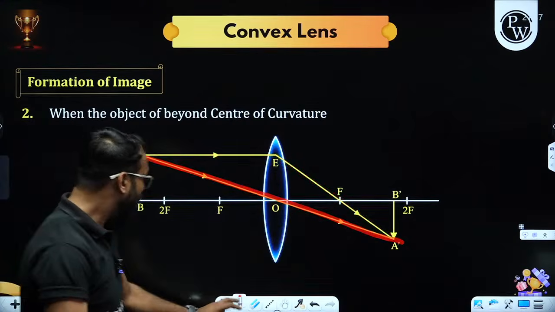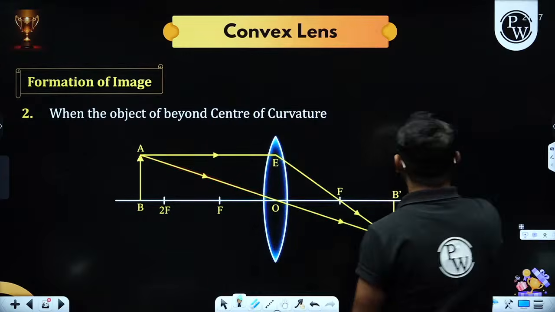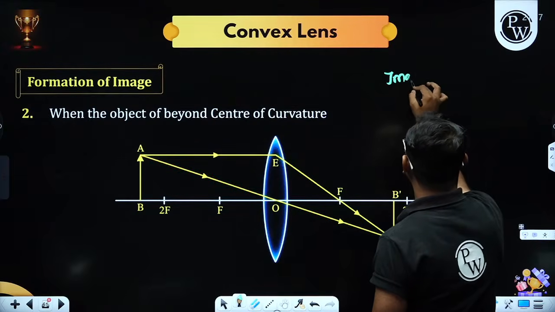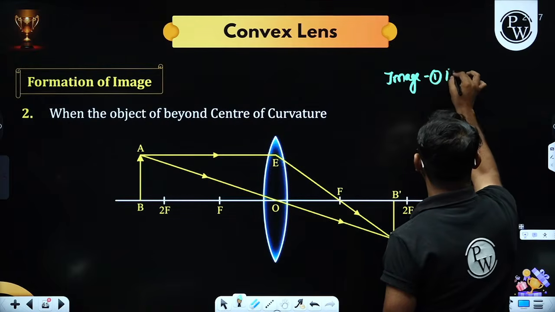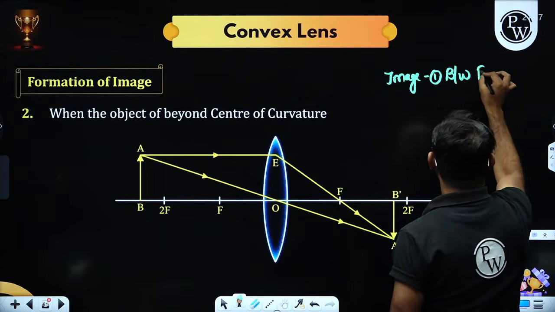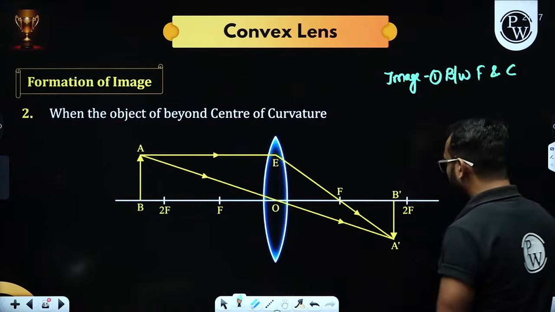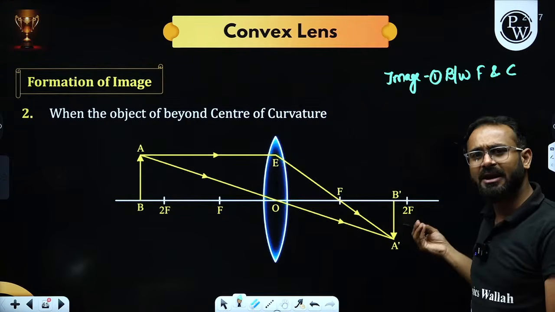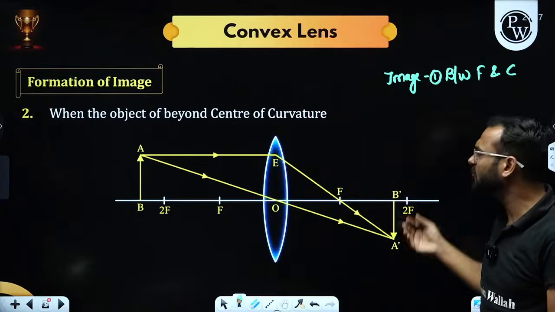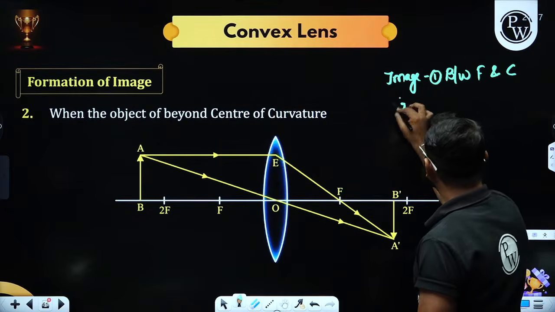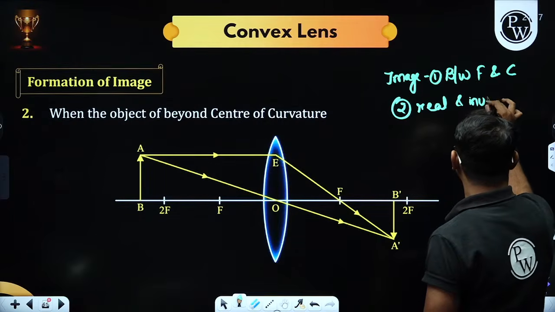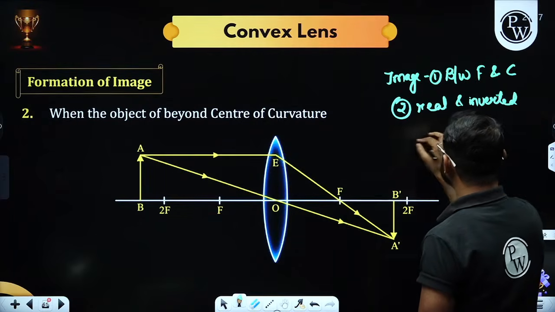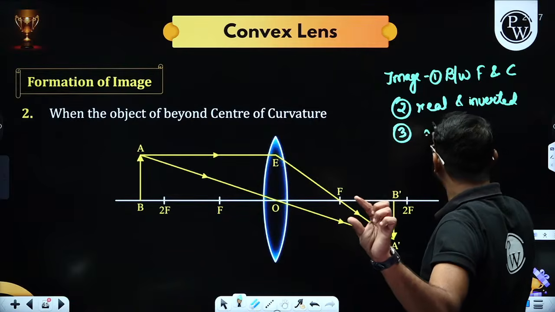What have you found? The image is formed between F and C or 2F. Either you can write twice the focal length or center of curvature, one and the same thing. Second, it will be real and inverted. Size will be small, diminished.